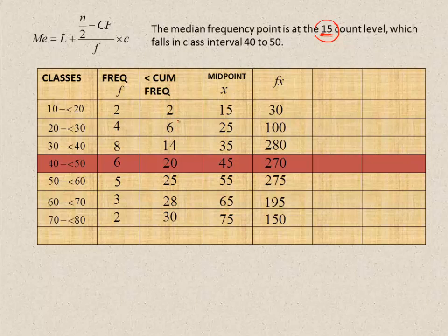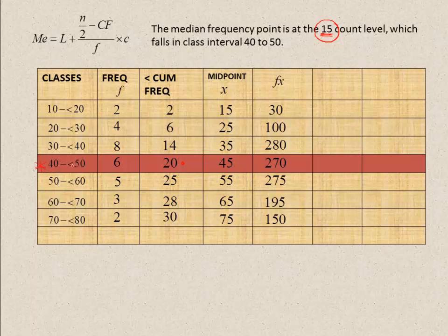The moment that I reach a number that is equivalent to 15, or the first number that is greater than 15, that becomes my class. 2 is lower, 6 is lower, 14 is lower. There's no 15, but the next one that actually increases, or the next one that goes higher than 15 is this one here, 20, which means this becomes my median class.